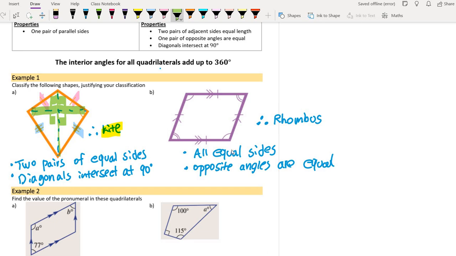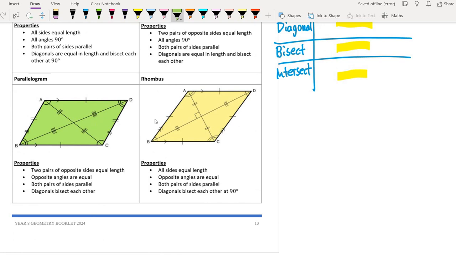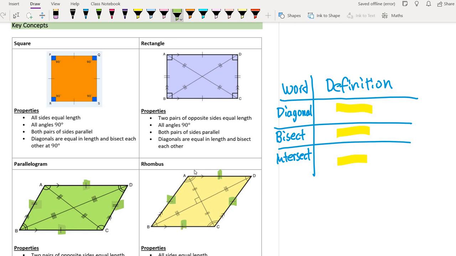Next one is a rhombus, and it's very hard to say because a parallelogram and a rhombus are very similar to each other. The only major difference here is the side length. See how in a rhombus all side lengths are equal, whereas in a parallelogram you have one pair of equal sides and another pair of equal sides. In a way, a rhombus is like a square, because a square has all of the sides equal as well.